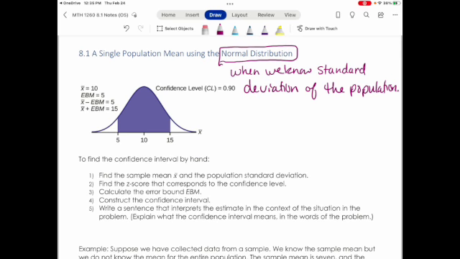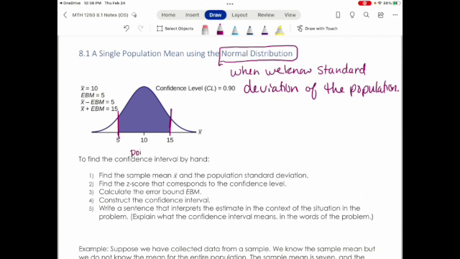Okay, so when we create a confidence interval, basically what we're doing is we're setting up an interval that we are saying that we're a certain level of confidence that the population parameter is going to lie on that interval. So there's going to be some wiggle room because we can never figure out exactly, and we can never be 100% sure that it's actually going to be on that interval. But what we're going to do is we're going to set up the interval using our knowledge of normal curves and areas under the curve.